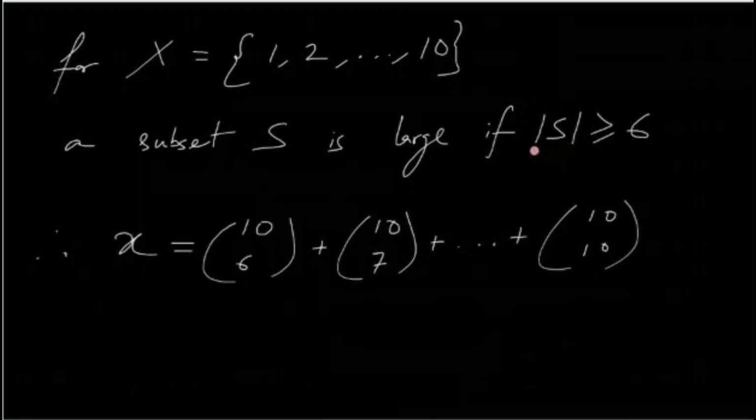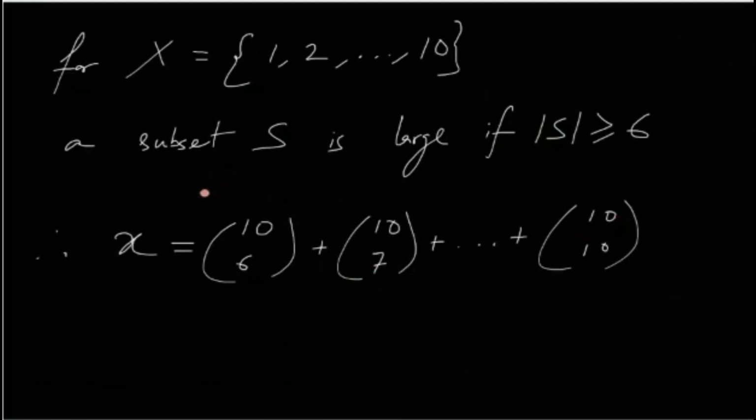So this is large if |S| is greater than or equal to 6. That means it is either a 6 element subset or 7 element or 8 element or 9 element or a 10 element subset, right? So basically x is the number of ways we can choose a 6 element subset, which is 10 choose 6, plus the number of ways we can choose a 7 element subset, which is 10 choose 7, and so on up to 10 choose 10, right?